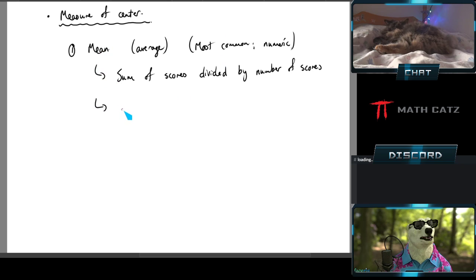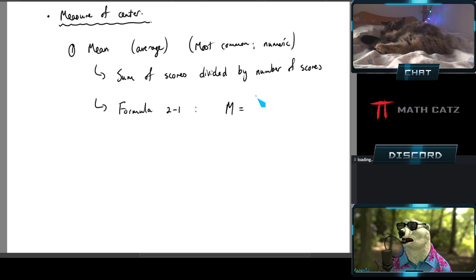What the symbols represent. So that's Formula 2.1, and it is the mean, which we will represent by the letter M. We have this capital sigma. Mine looks a little curvy. Let's make it Greek-like, which is our symbol to say we're adding up all the X scores divided by how many there are.